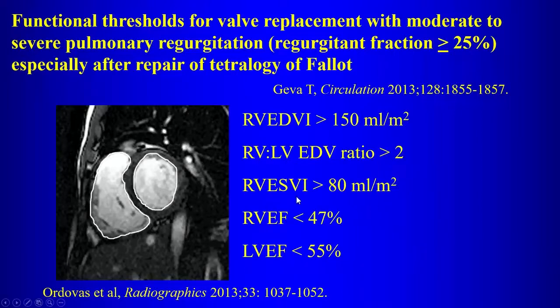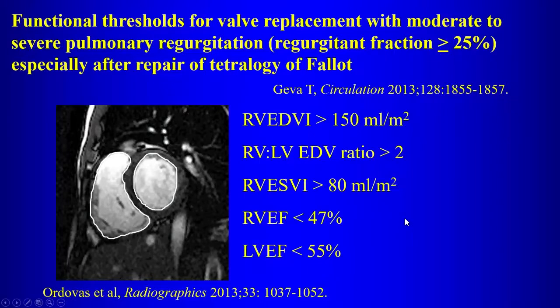If the right ventricular end diastolic volume index is greater than 150, or if the end diastolic volume ratio shows that the right ventricle is significantly dilated compared to the left ventricle, or the right ventricular end systolic volume index is greater than 80, or if the right ventricular ejection fraction is lower than 47%, or if the left ventricular ejection fraction gets less than 55%.